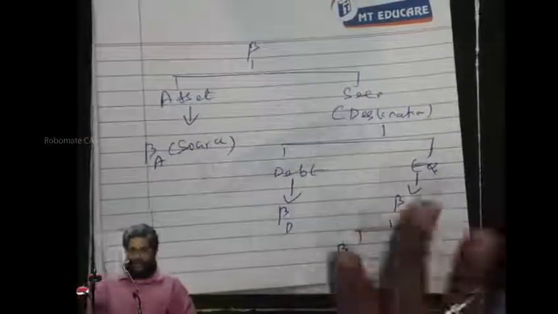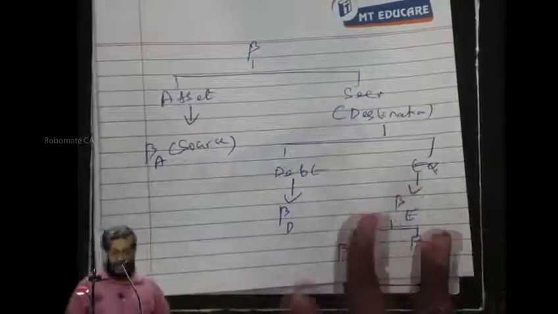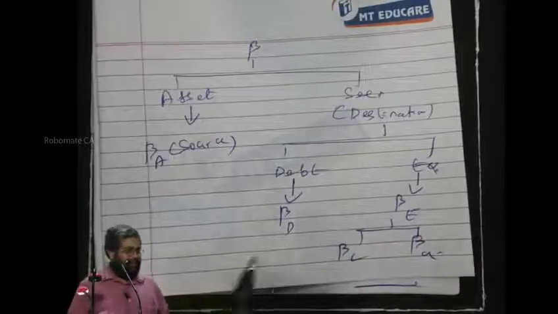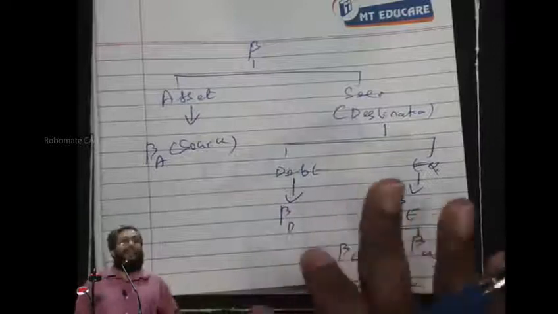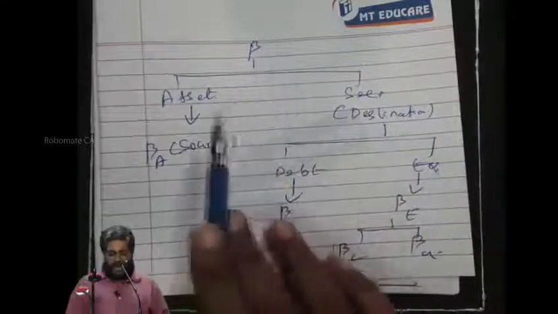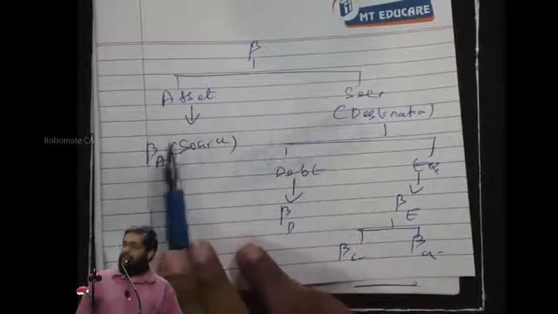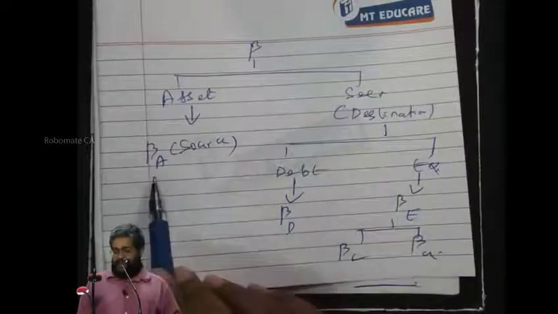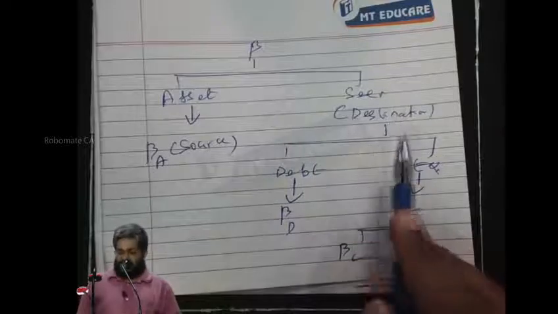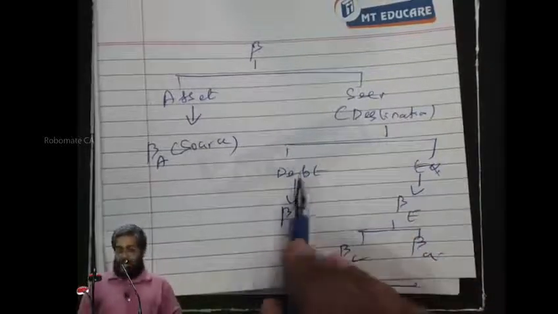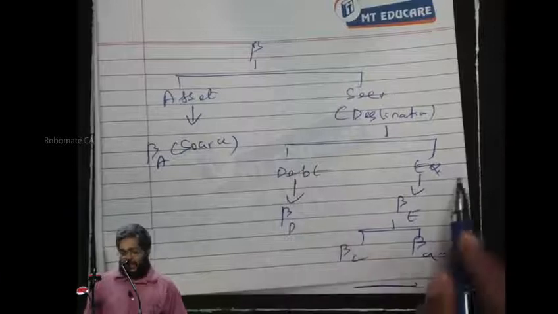Don't worry, all this will be explained, simple issue only, okay. All these terms will be used here and there. You should know where it is used or not. Hence, we are discussing this. Now, beta represents what? Risk. Beta can be classified into two types, asset and securities. Asset beta is called source beta. Beta of security is called what? Destination beta. And the securities can be classified into two types, debt and equity.